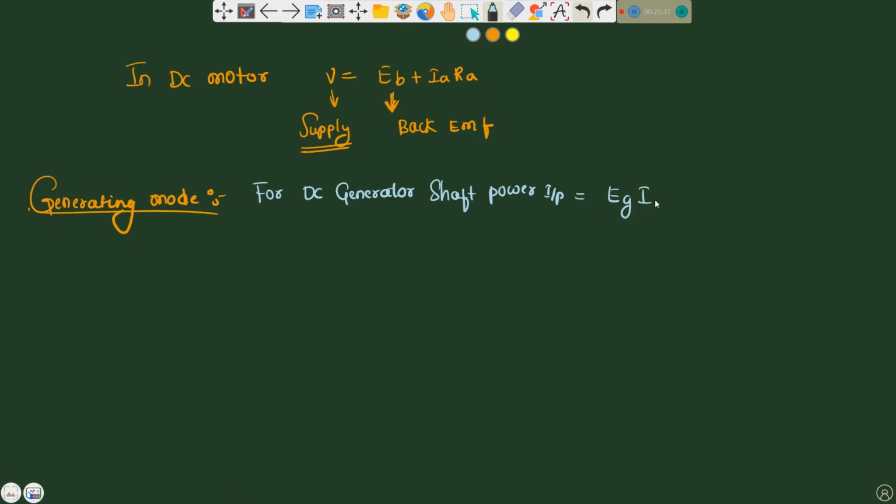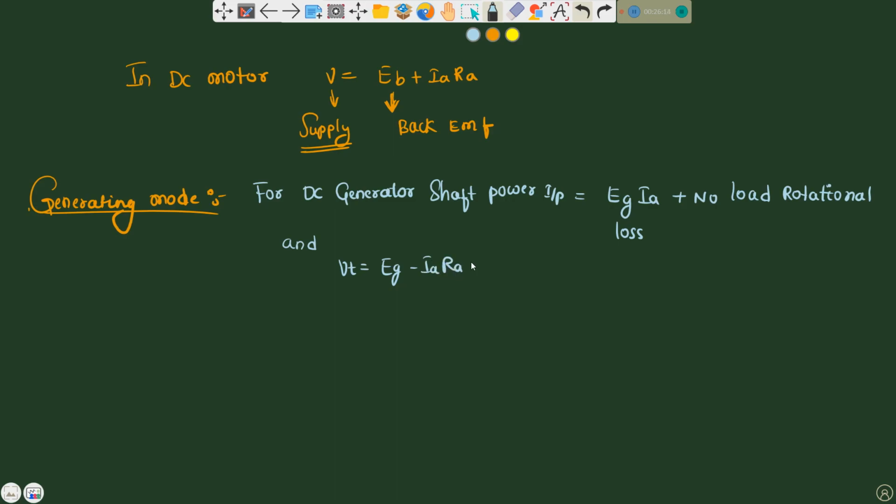Eg into Ia plus no load rotational loss. Understood? And Vt will be the terminal voltage, and Vt will be equal to Eg minus Ia Ra.